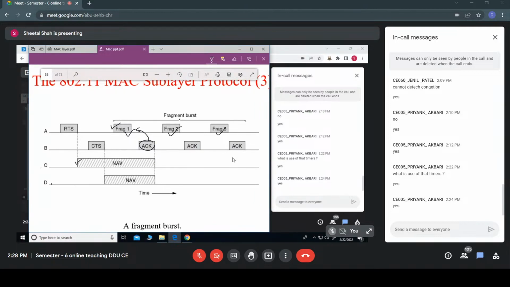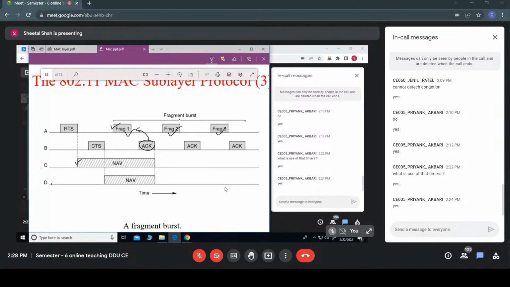So one advantage of fragmenting is that the possibility of error would be reduced, as we have discussed. Even if a single bit error is there whose probability is 10 raised to minus 4, the possibility of successful transmission is less than 30%, isn't it? So as the size of the frame is small, the possibility of successful transmission would be more, and hence the frame would be divided into a number of fragments. Followed?